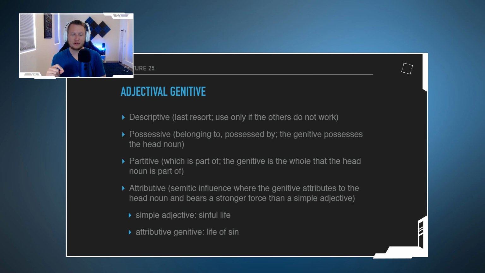Whereas the attributive genitive would be life of sin. Okay? So the simple adjective would probably be all in the nominative, right? The attributive genitive, you would have life, and then the genitive of sin. Okay?